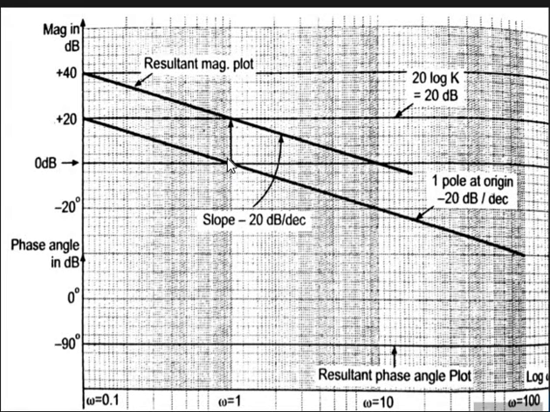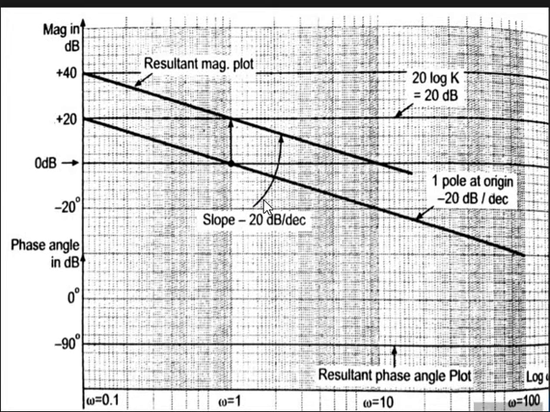Again decreasing, minus 20 per decade, the next decade starts at minus 20 and reaches minus 40, and the next decade starts at minus 40 and ends at minus 60, and so on. So this is the magnitude plot for 1 by S.